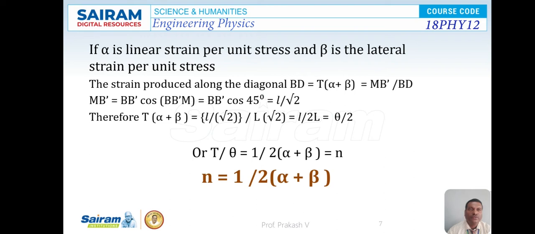Since BB dash is equal to L and cos 45 degree is equal to 1 by root 2, it will become L by root 2. Therefore, T into alpha plus beta can be written as theta by 2, or T by theta is equal to 1 by 2 into alpha plus beta, that is equal to N. Therefore, the rigidity modulus N is equal to 1 by 2 into alpha plus beta.